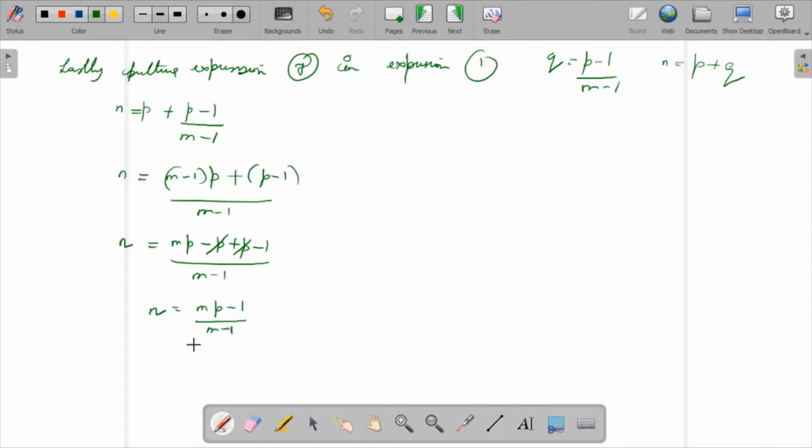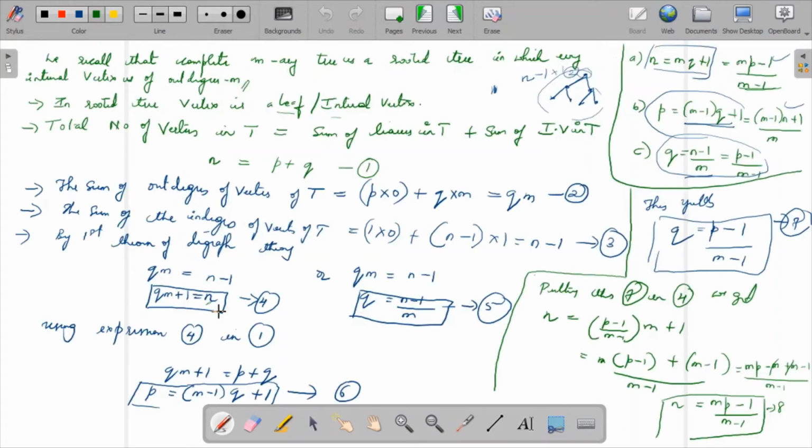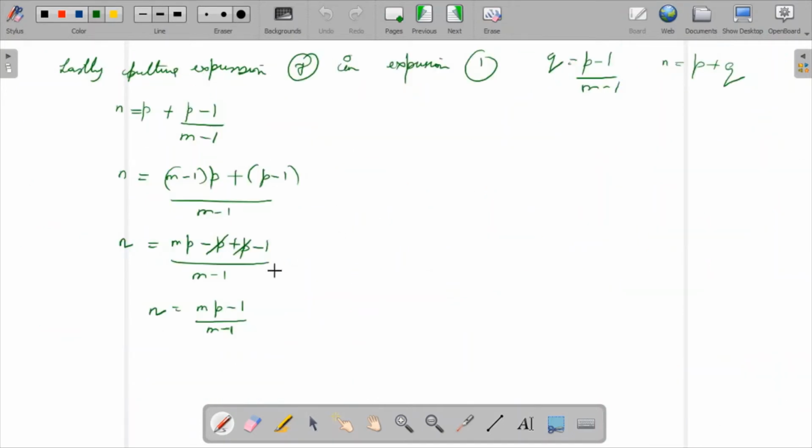So I want to find the value of p. I want to find m minus 1 into n. So I'll take this side, so it would be n into m minus 1 equal to mp minus 1.